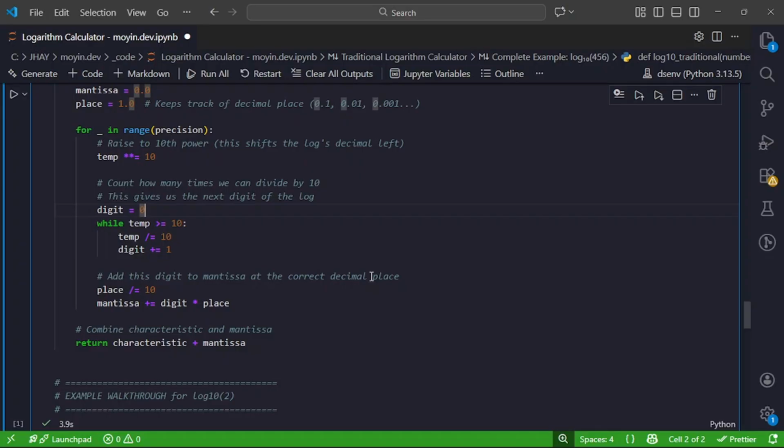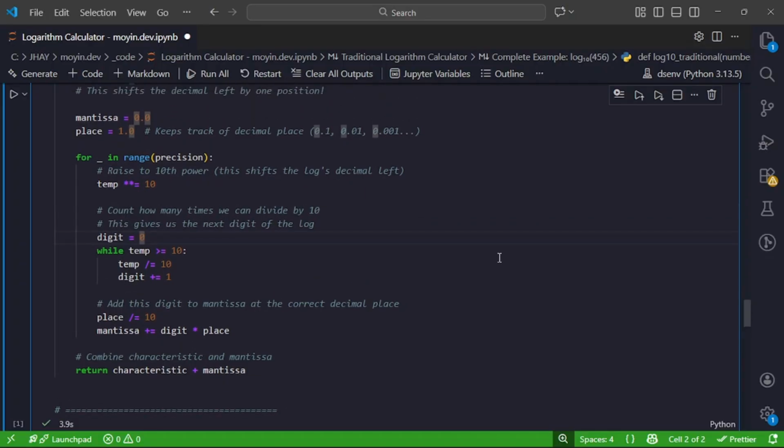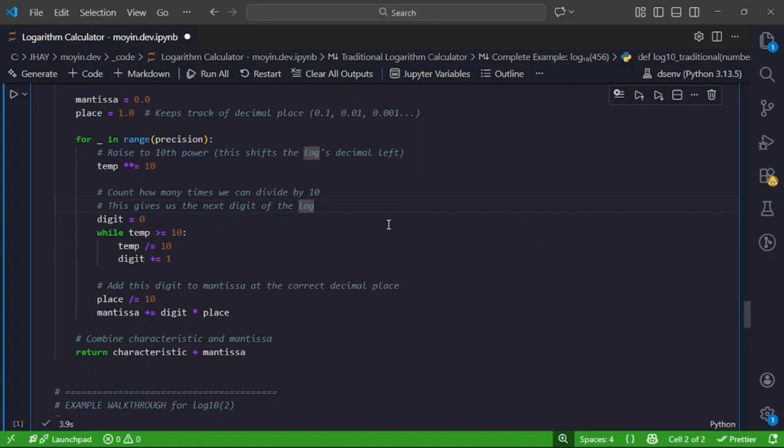This digit is then added to the Mantissa at the correct decimal place. So we see how we are building up a string of Mantissa digits here, just by the algorithm we had previously established. This is the beauty of having your algorithm first, then converting it to code to achieve something beautiful.